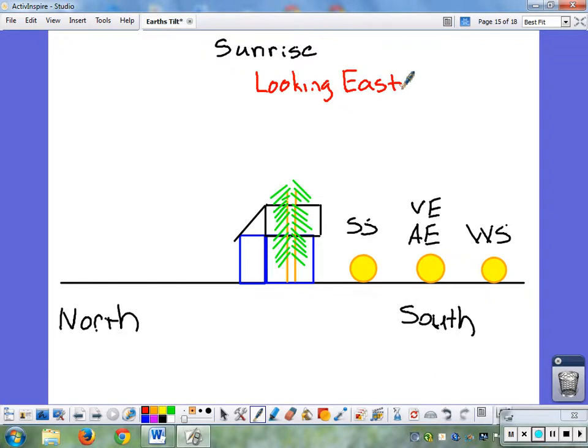The sun's going to rise at different positions. However, the winter solstice, because that's when the sun seems to be lowest in the sky, is when the sun appears to be farthest to the south. During the summer solstice, when the sun is at its highest point in the sky, the sun is closer to our position. Let me draw this a different way.